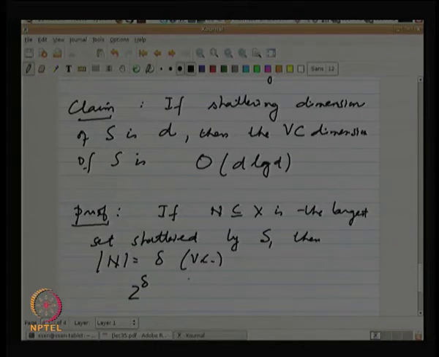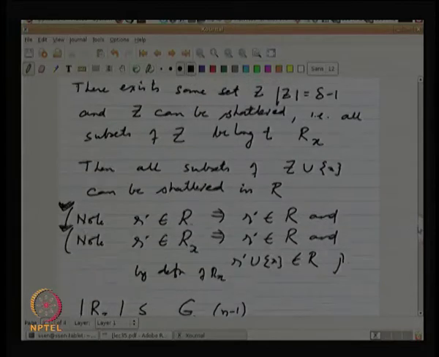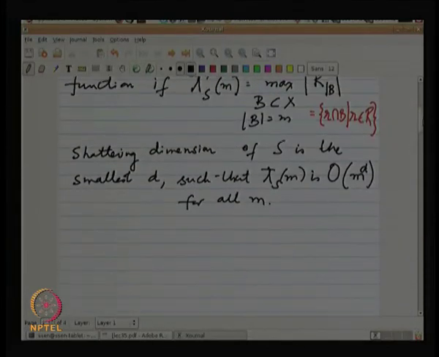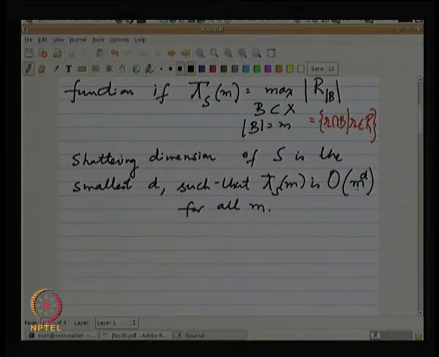Shattering dimension says that it is some m to the power d.